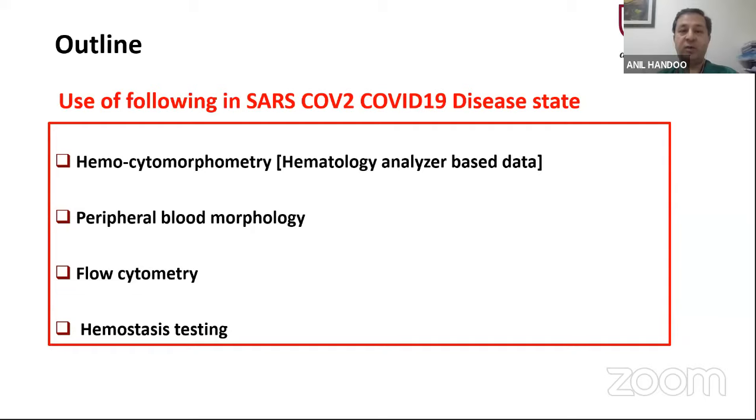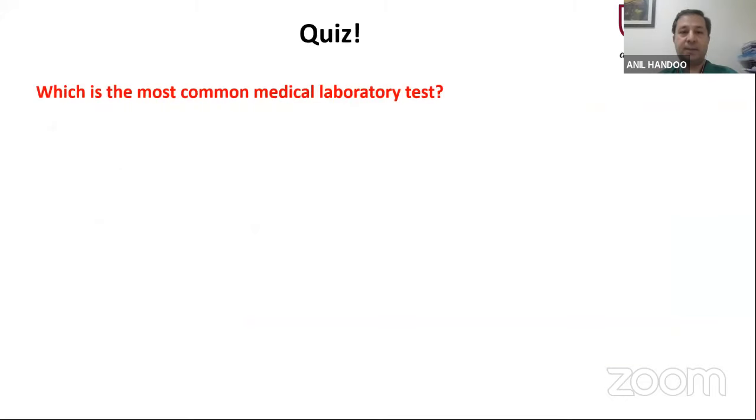So I'll be talking about the hematology analyzer and how that is helping us in COVID-19. I will be showing you some information about peripheral blood morphology. I'll show you some information about flow cytometry and how it is useful in the SARS-CoV-2 COVID-19 disease state. And towards the end, we will also talk about hemostasis testing in COVID-19 disease.